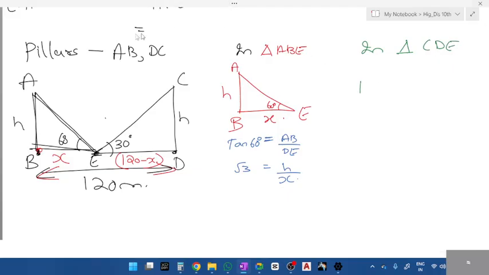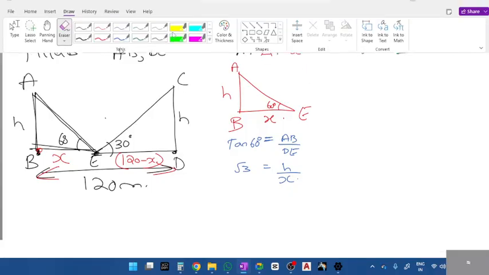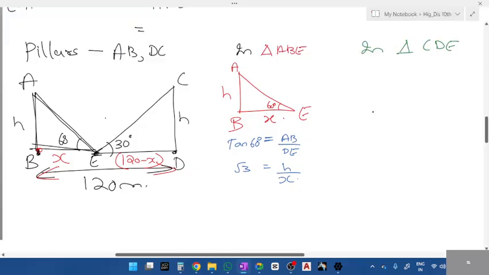Yes. Which triangle are we solving? I mean, which triangle are you solving, Mariana? Left or the right one? This is left and this is right. You need the left one. Why will it be H by 120? What have we taken BE?